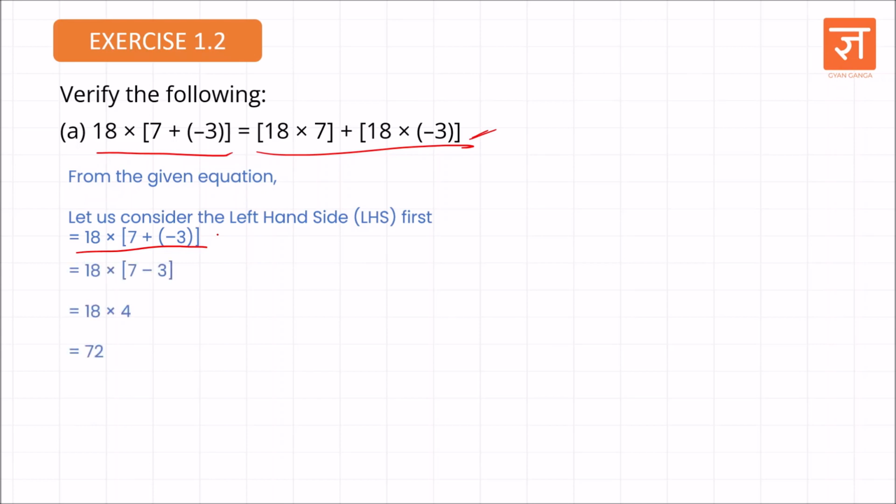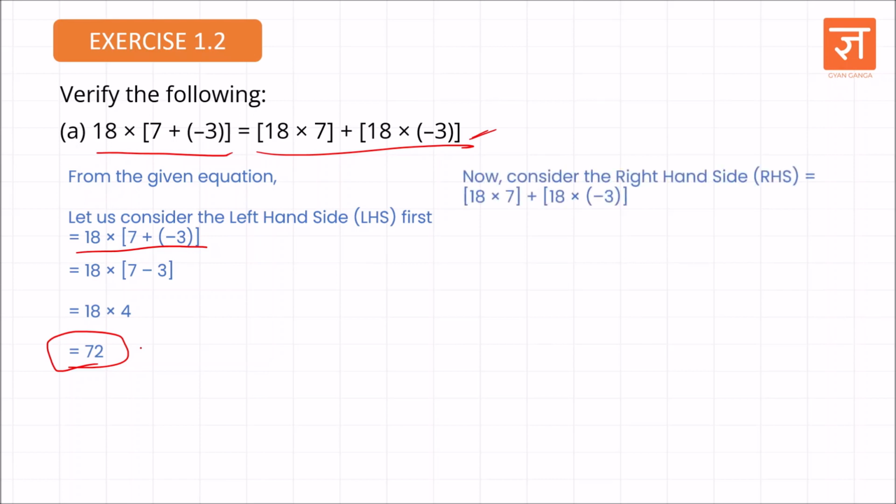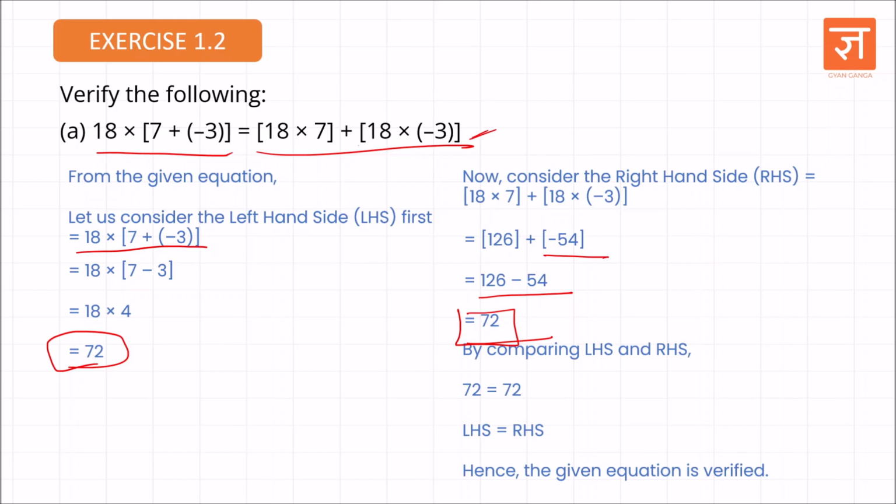Now let us solve the second part. That is 18 into 7 plus 18 into minus 3. We got 126 plus minus 54. 126 minus 54. We got the answer that is same as the first one. That is LHS is equal to RHS. And we have the equation as verified. Clear? How did you verify? First you solved both sides, so it was easily verified.